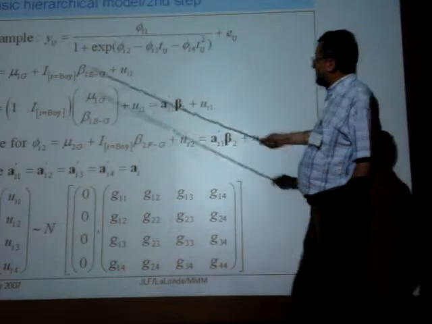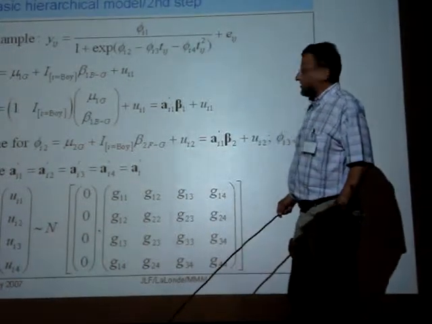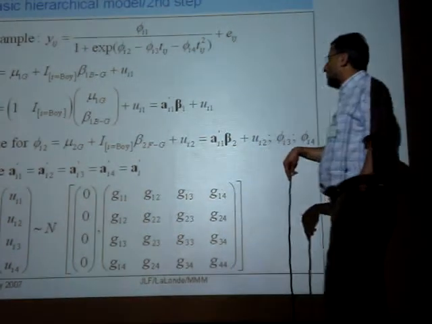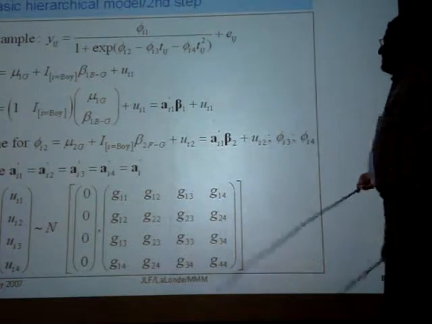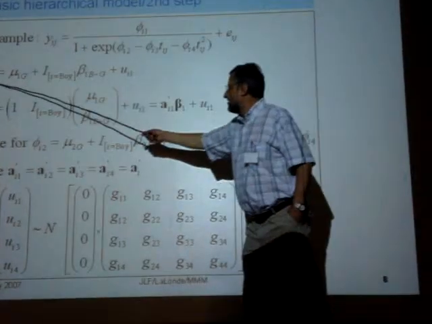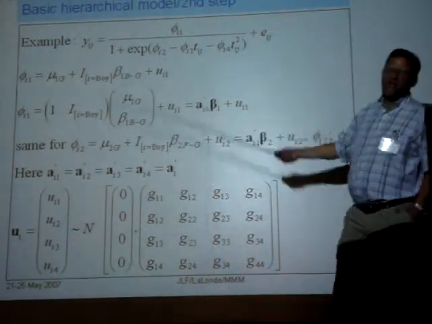So, for instance, we could write phi1, if we take as reference the girls, is equal to mu1 for girl, plus an indicator variable indicating if this individual is a boy or not, times a beta.